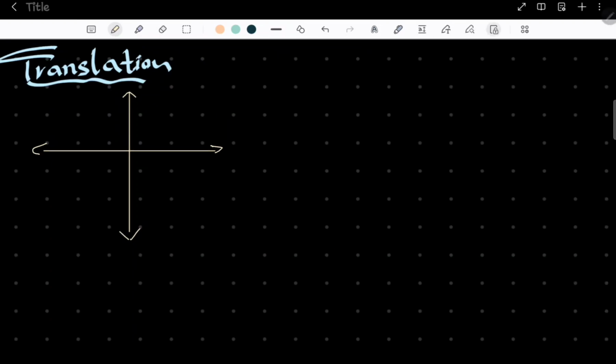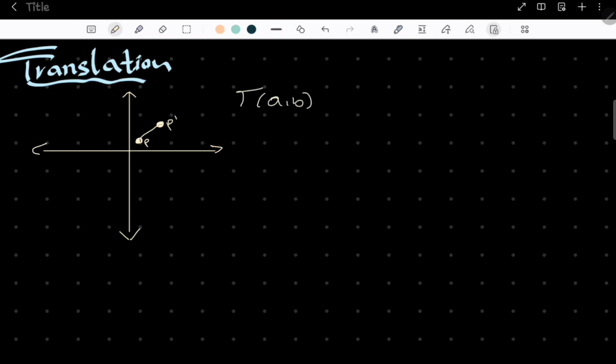Now let's look at points. When we translate a point from this coordinate to this coordinate right here, we can draw a vector that will be formed between them. Let's call this P and this P prime. So this will form a vector. There is this thing called translation vector, which will be written in the form of (a, b).